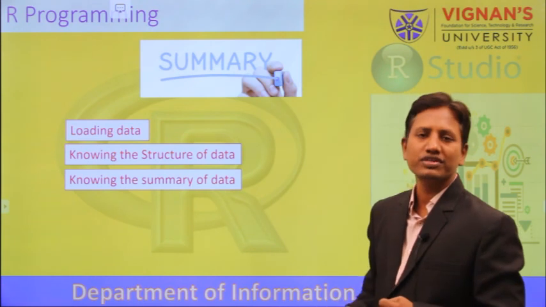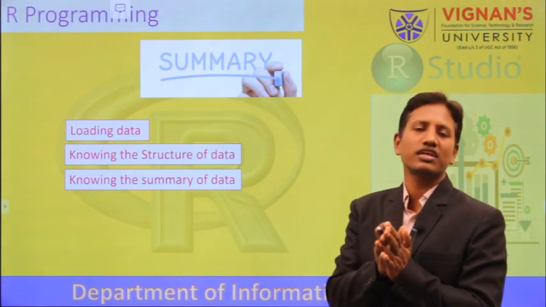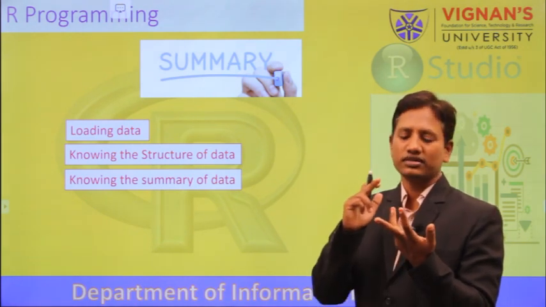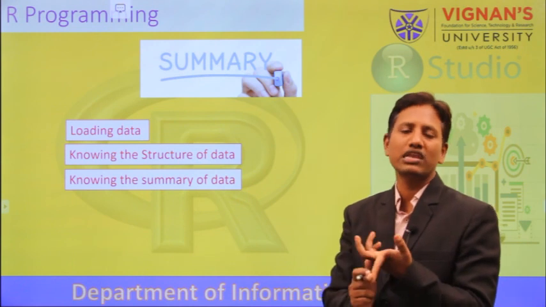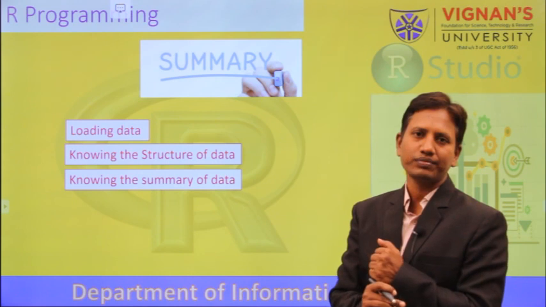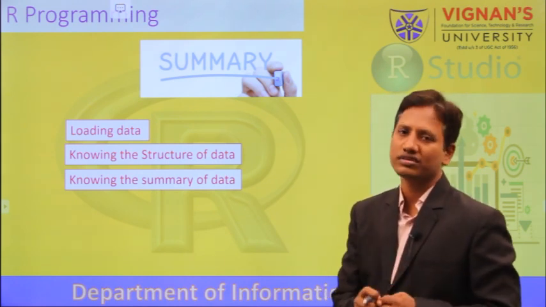And later we saw the summary. This summary gives us 6 points: minimum value, first quartile, median value, mean value, third quartile, and lastly maximum value. It returns 6 important statistical values.